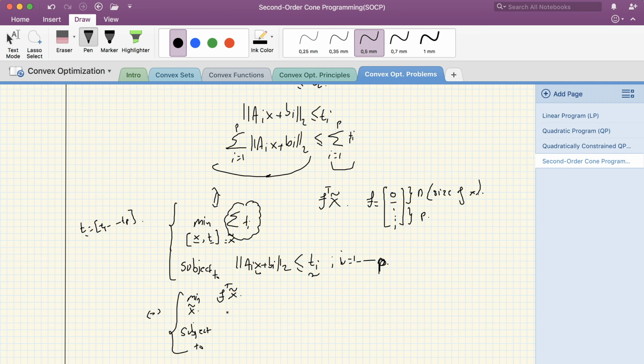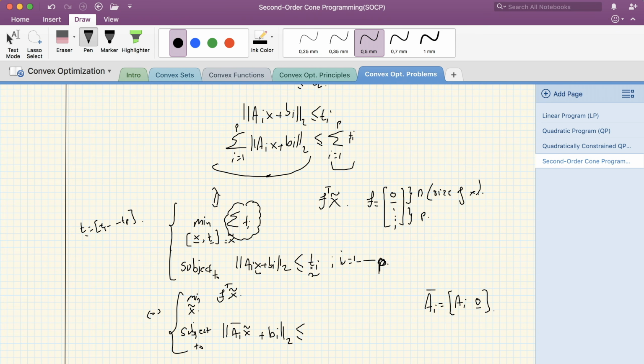So how do we do that? Since here we only have Ai x, as we did before, let's call Ai bar, which will contain Ai in its first columns and zeros in the others. So we're going to have Ai bar x tilde plus bi in L2 norm is less than ti.